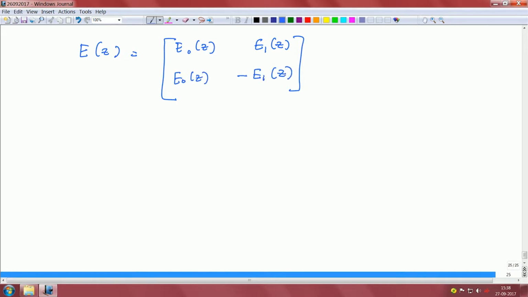We saw how this came about, because if you have H naught and H 1 as a column stack, that was the matrix 1 1 in the first row, 1 minus 1 in the second row, times the components.